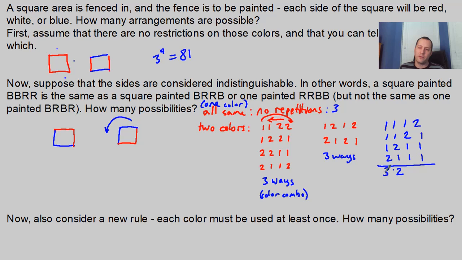There's 3 choices for which color gets to occur 3 times, and then once you pick one color, there are 2 colors left to choose from to be the other color that there's only 1 of. So there's actually 6 ways to make that happen.